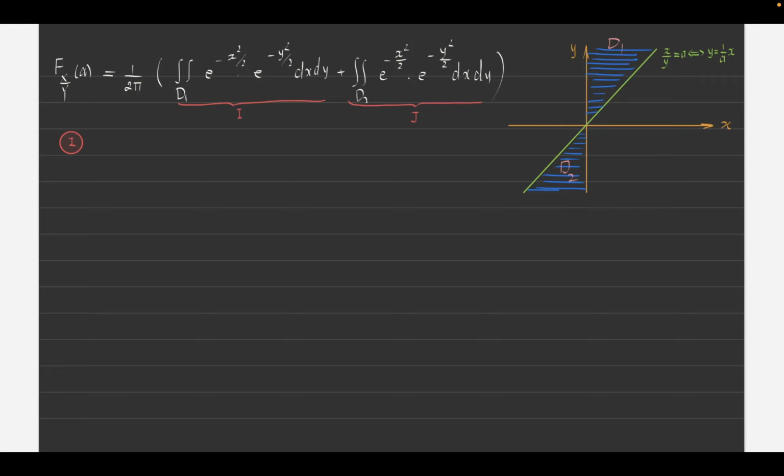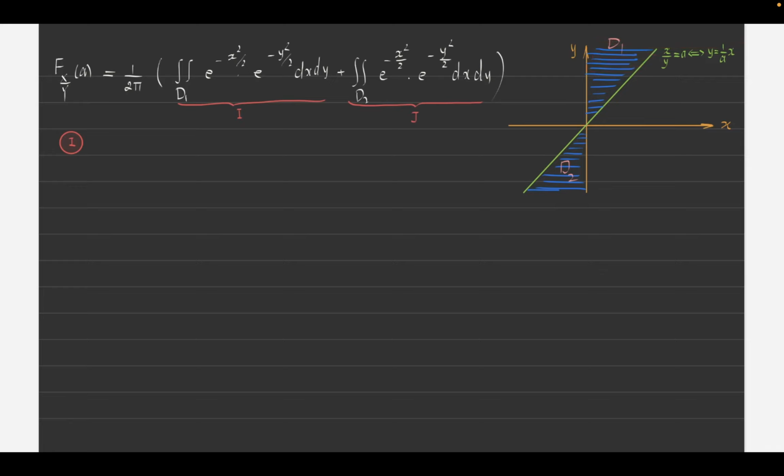What I'm saying is that for x, the lowest possible value when I am in domain D1 is 0, and the largest one will be infinity, because the x's increase infinitely without bound.